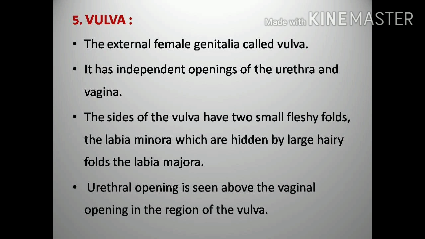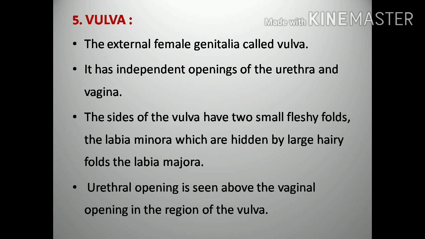The sides of the vulva have two small fleshy folds, the labia minora, which are hidden by large hairy folds called labia majora. You can see the two fleshy folds, labia minora and labia majora.